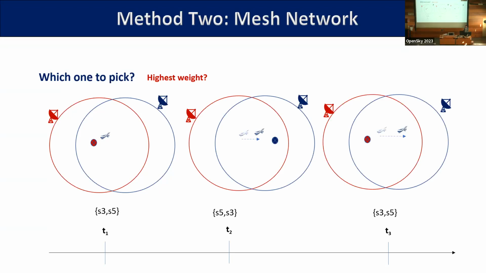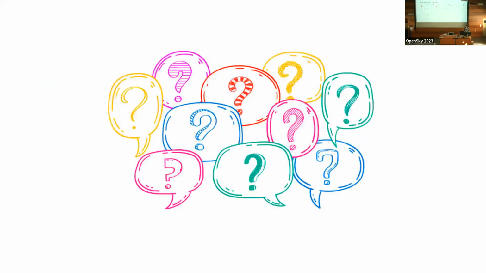And then at time 3, it comes again, received by sensors number 3 and 5. So picking the best value inside this mesh network could be very accurate if we consider different criteria to be more accurate and more precise.